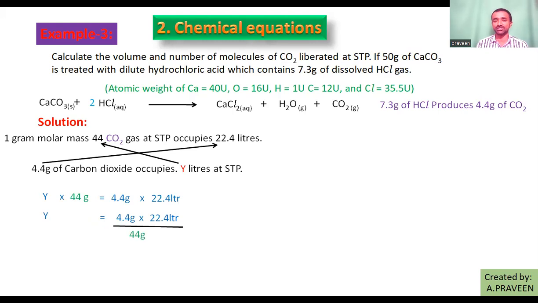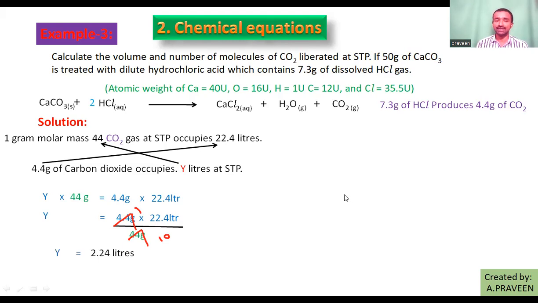Okay. Then cancellation. Units cancellation first. Grams cancelled. Then values cancellation. Here 4.4 one time and 44 is 10 times. So what did you get? 22.4 by 10. That is simply 2.24.